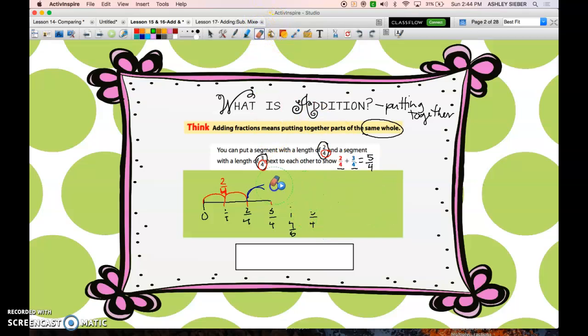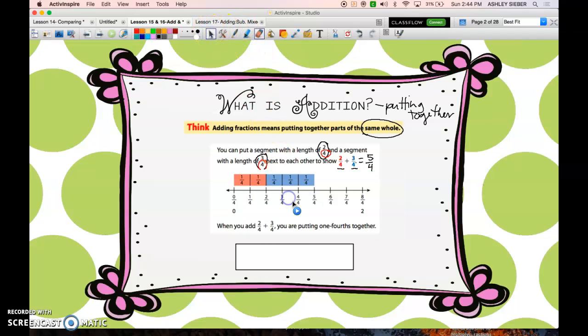Let's see what the Ready Math picture looks like. They showed it on a number line too. We can see each section here is worth 1/4, and I have 2/4 in the red and 3/4 in the blue. All together, we landed at 5/4. Your turn.